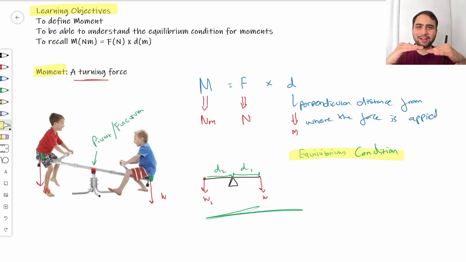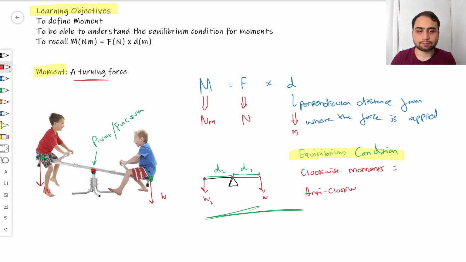The seesaw is flat. Okay, so no sort of change is happening at all. So for the seesaw to be flat, or for it to be in equilibrium, the clockwise moments need to equal the anti-clockwise moments for a system to be in equilibrium.